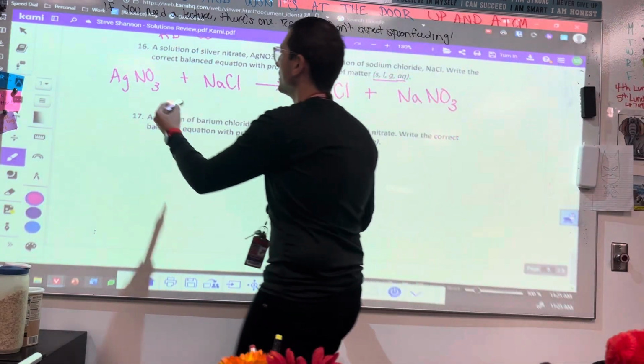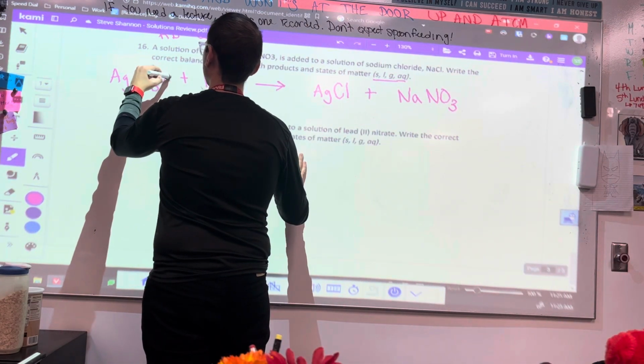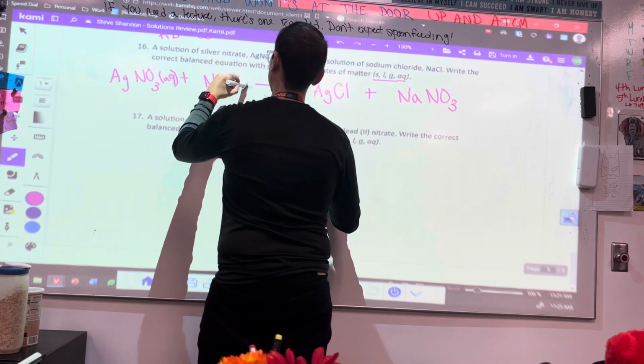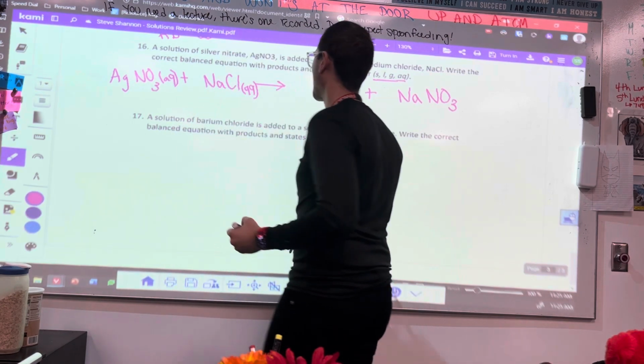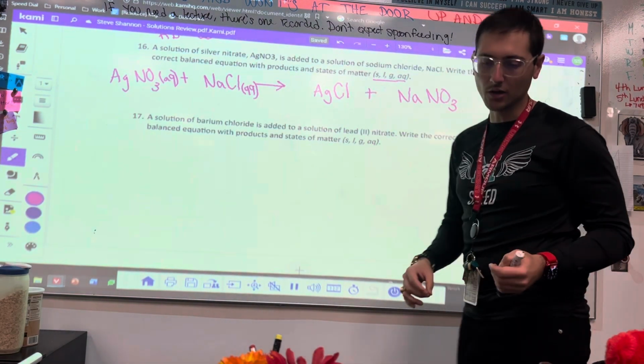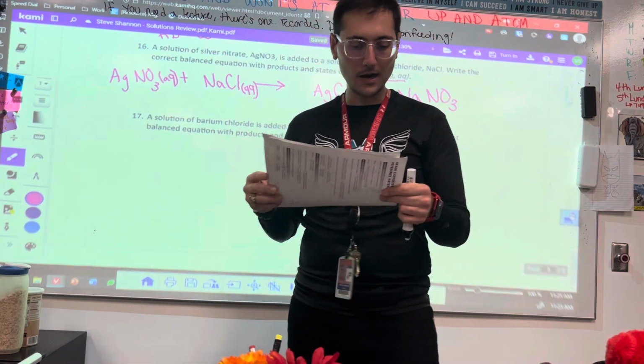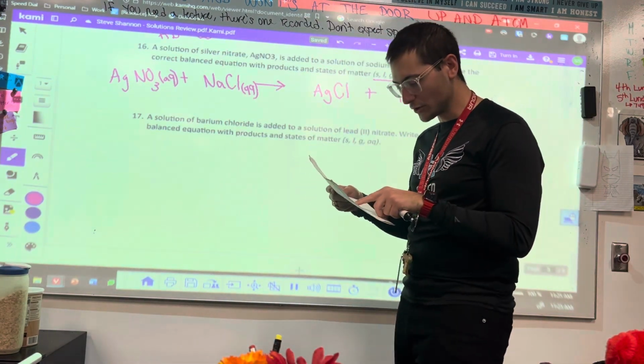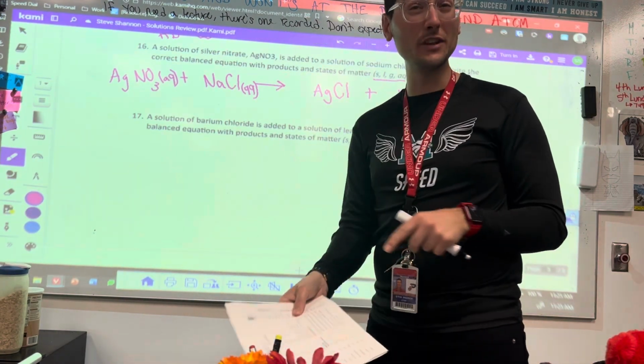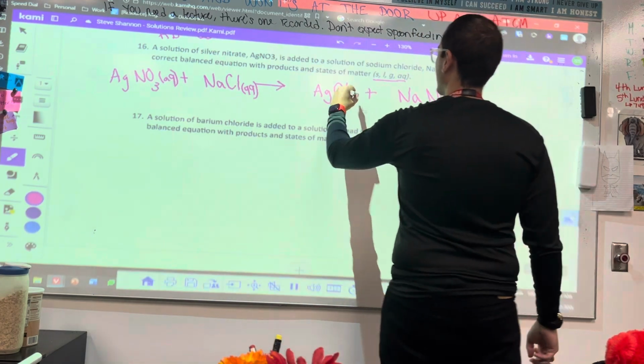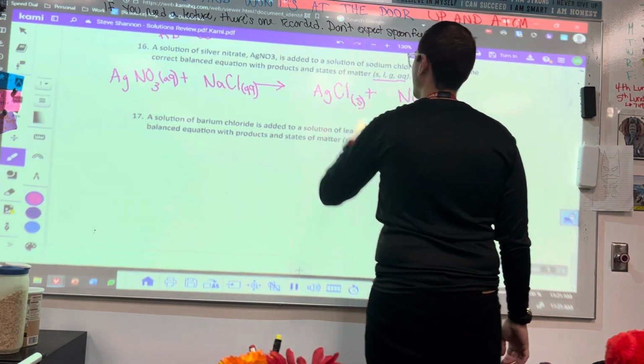Now I know these were solutions, so these were aqueous when they started. And AgCl, I have to get onto my chart here, and I see that chlorine is soluble unless it's with Ag. So that means it is insoluble and it is a solid.